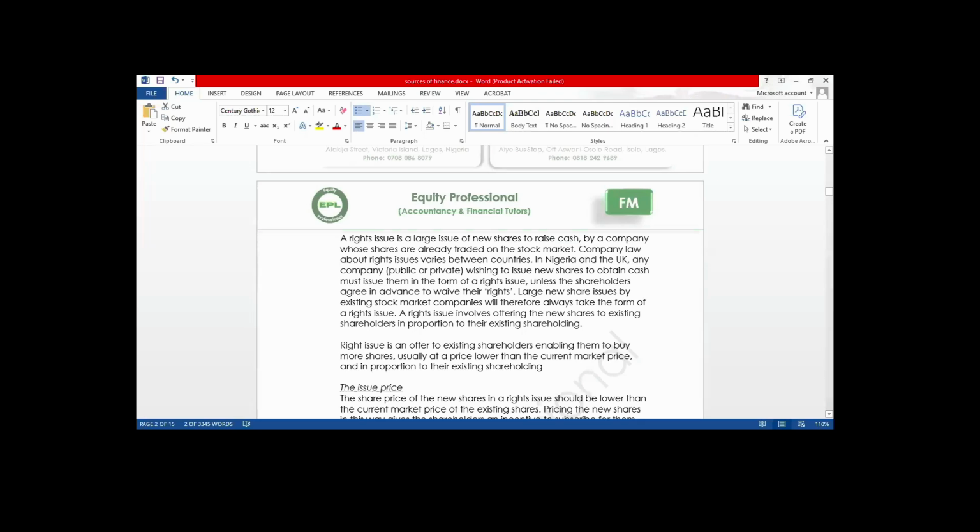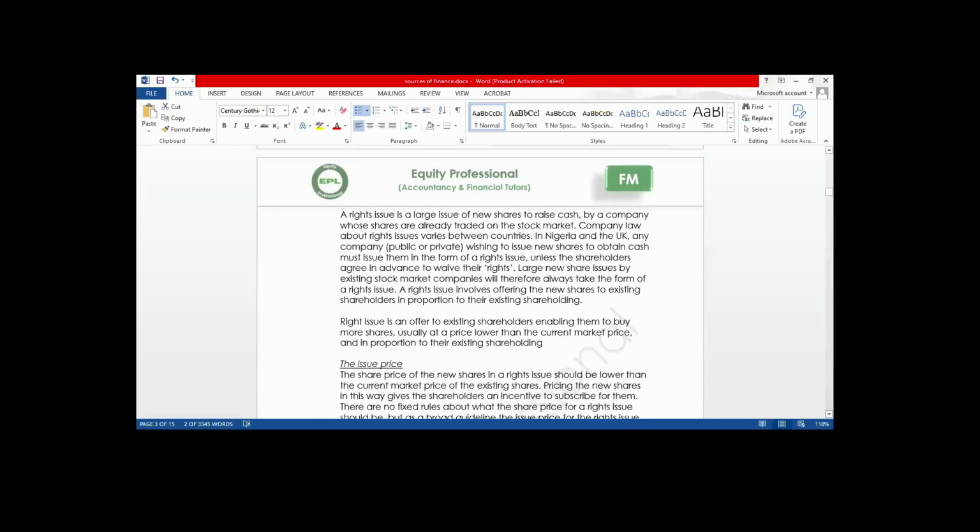It says rights issue. This will fall under equity financing, whereby a company offers new shares to existing shareholders.